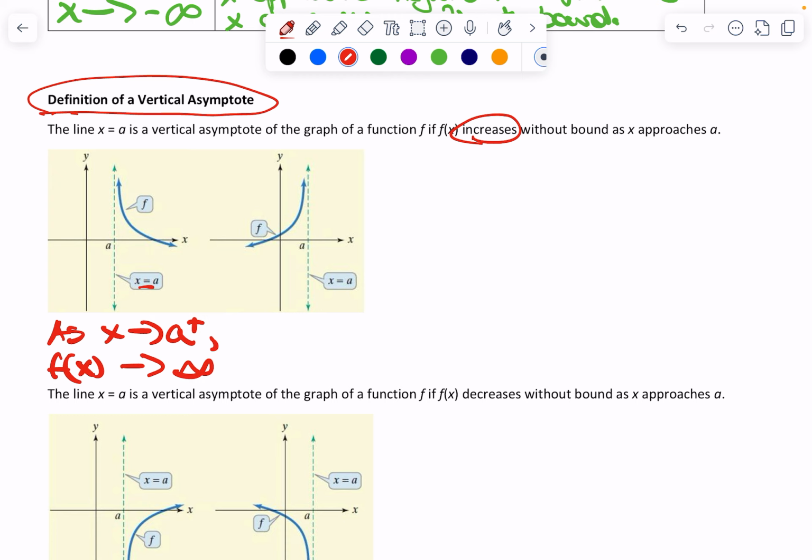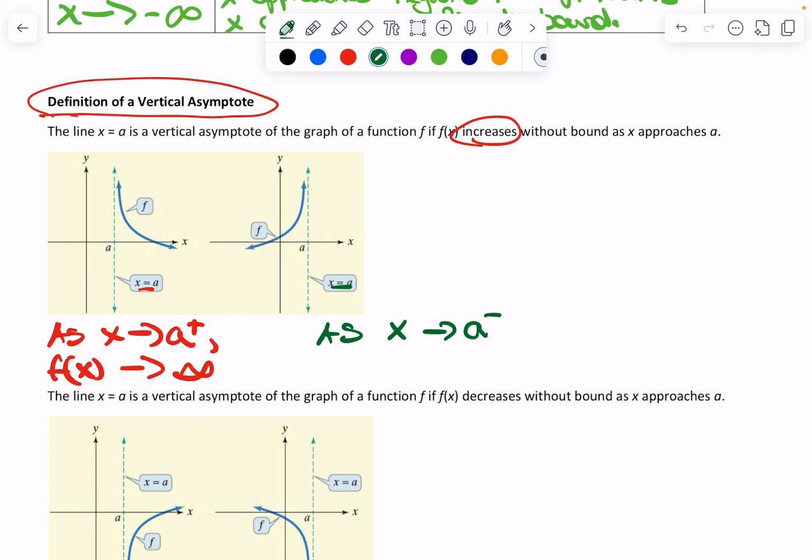And we can see that it is coming from the right and approaching infinity, going up. On the left side, we still have x equals a, and as we can see, it approaches from the left, f of x approaches infinity.